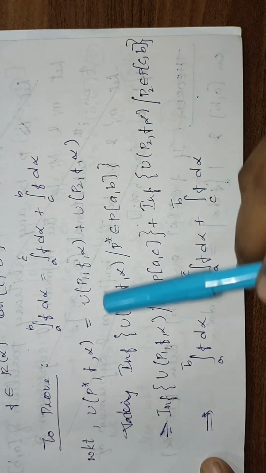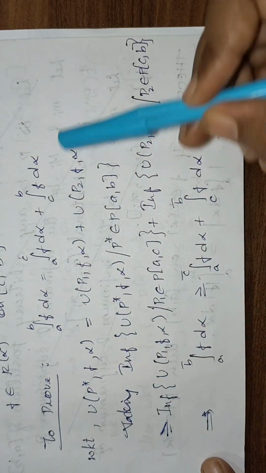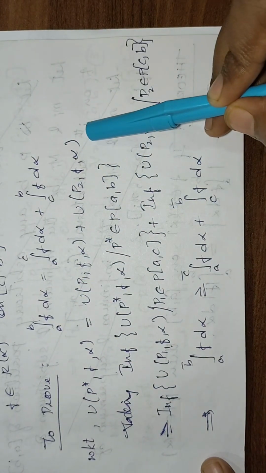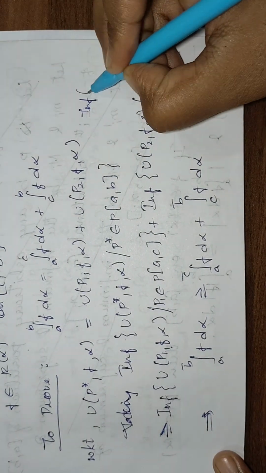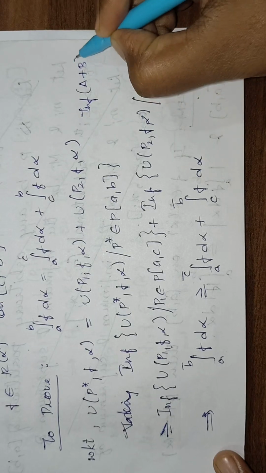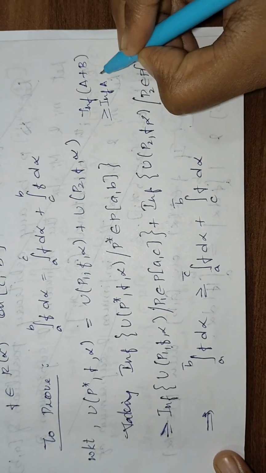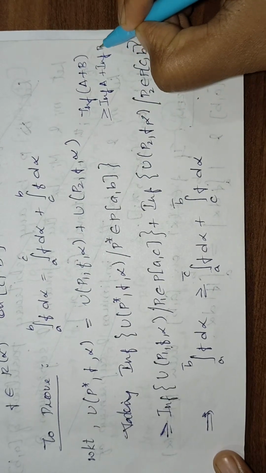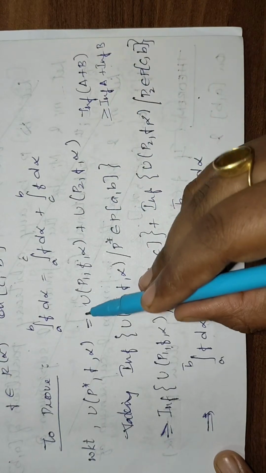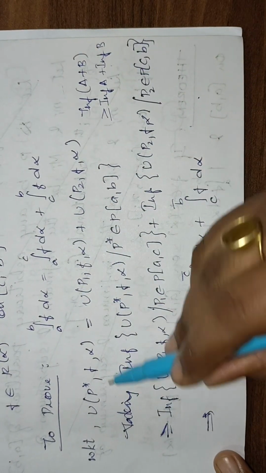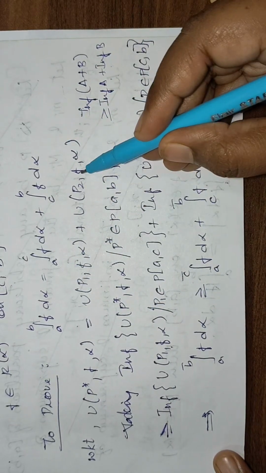Okay, so now if I take the infimum on both sides, I have the infimum of this equal to the infimum of this. And also we know that the infimum of a plus b is always greater than or equal to the infimum of a plus the infimum of b. So I am using this here. If I take the infimum on both sides, on the right hand side I get the infimum of this a plus b.